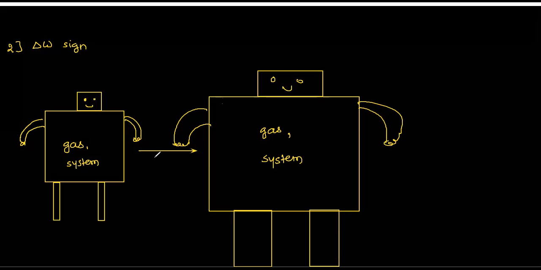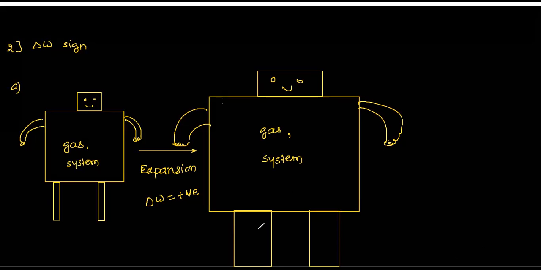System expands, expansion, then delta W is positive. Gas expands, then what happens? Gas of the system expands, then delta W is positive. This is one way to keep the delta W sign in mind.